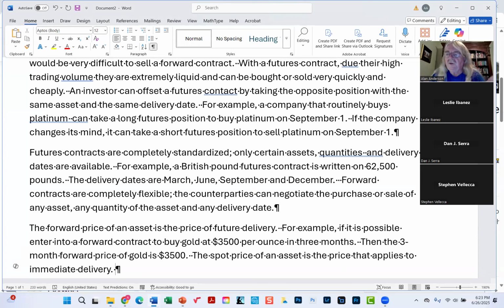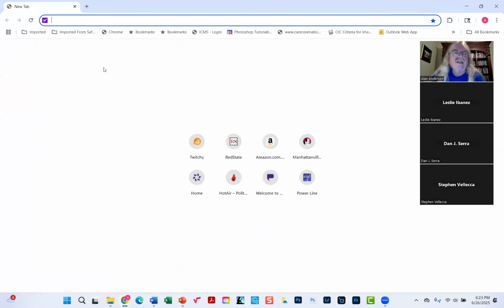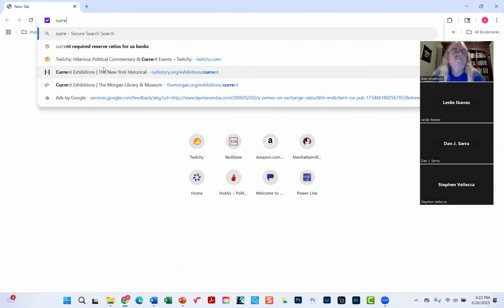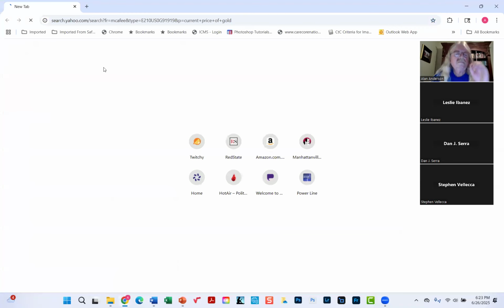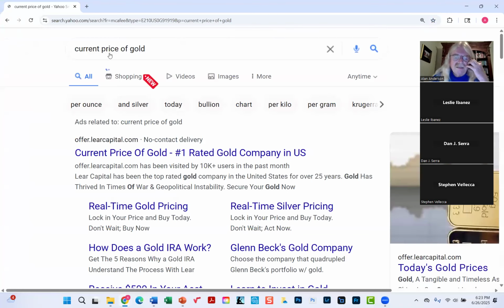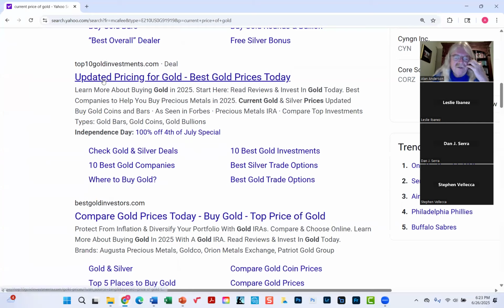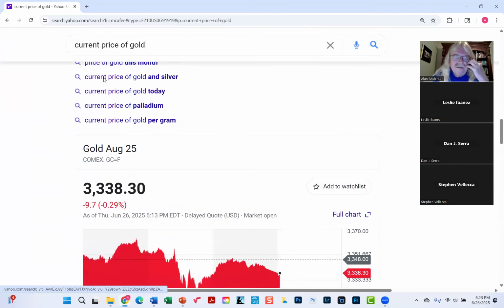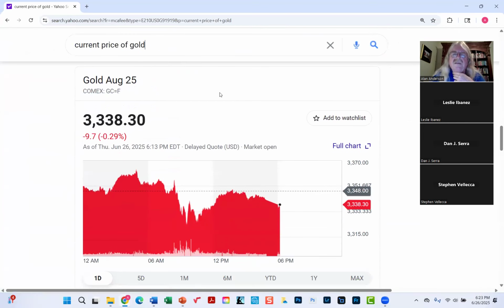In other words, if I want to buy the gold right now, that's how much I'll pay for it. In fact, just out of curiosity, let's see how much gold is selling for today. I haven't looked at the news yet today. I'm guessing it's in that neighborhood, 3,500. 33, 38. Okay, that's fine. And if you notice, it trades on the COMEX.